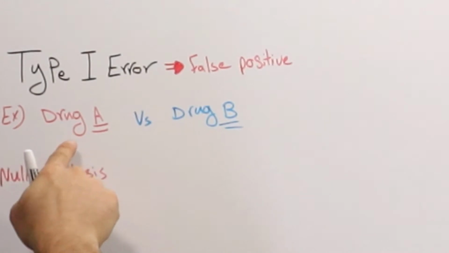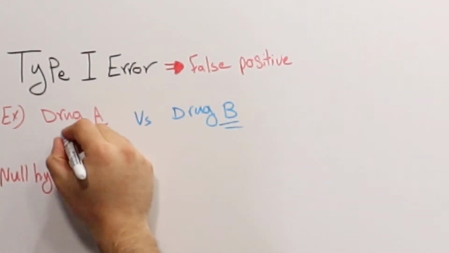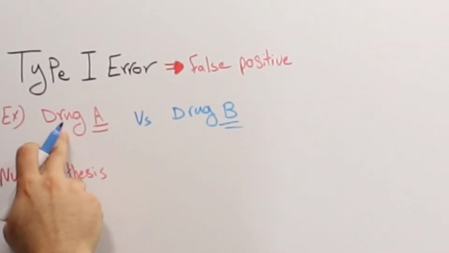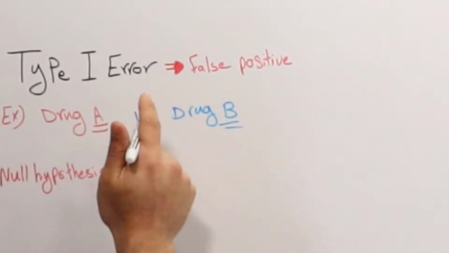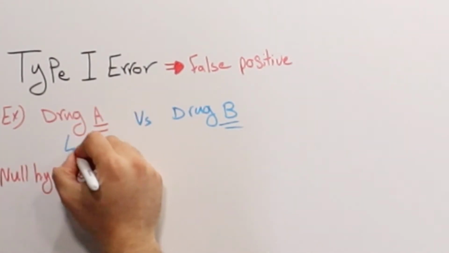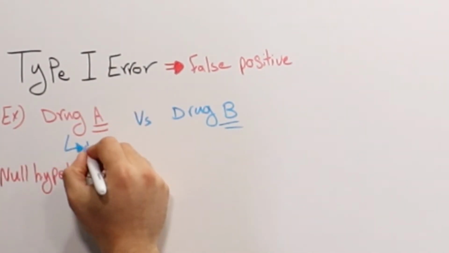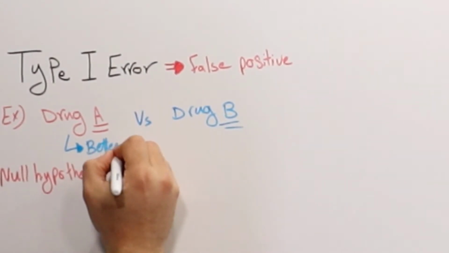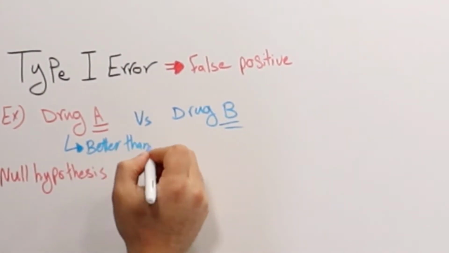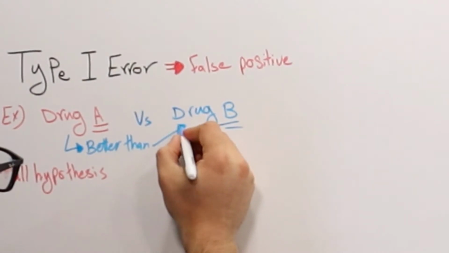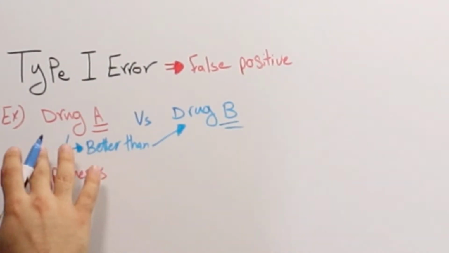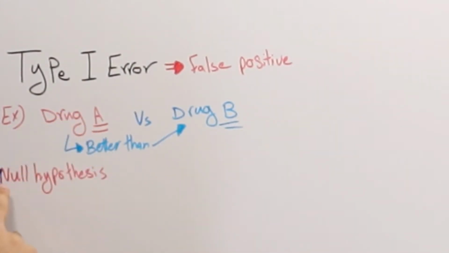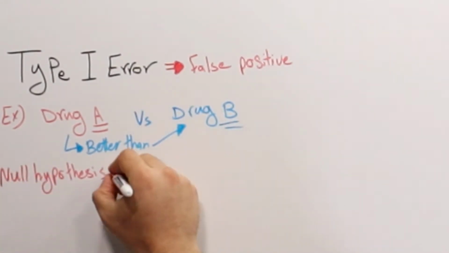Because of that error, drug A was accepted, so it's better than drug B. This is why the null hypothesis was rejected.